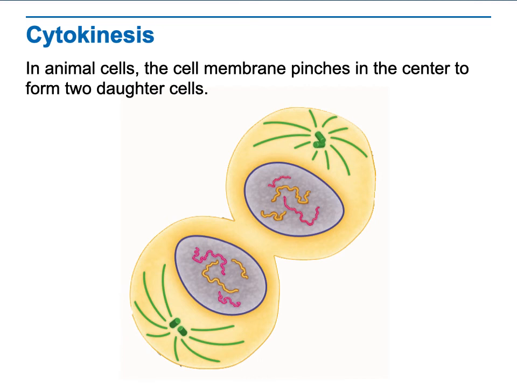This plate gradually develops into the cell membranes, and then the cell wall forms between the two daughter cells. You can see this in your textbook. The chromosomes of the two daughter cells are genetically identical. Mitosis is a form of asexual reproduction then, because you have two daughter cells that are identical.